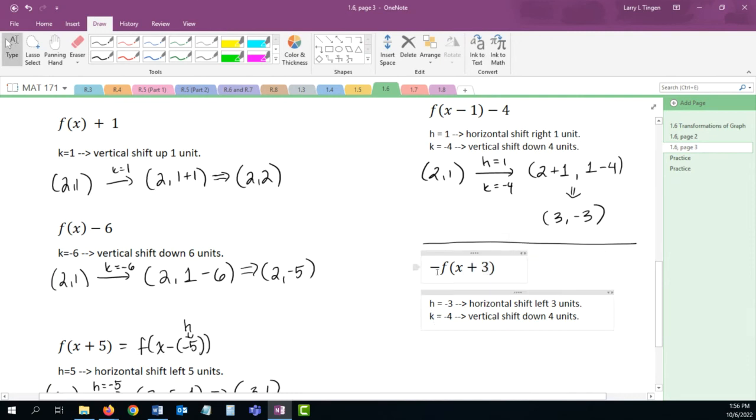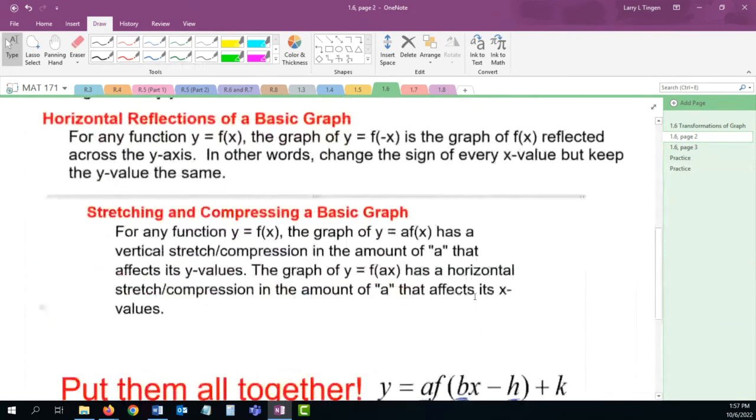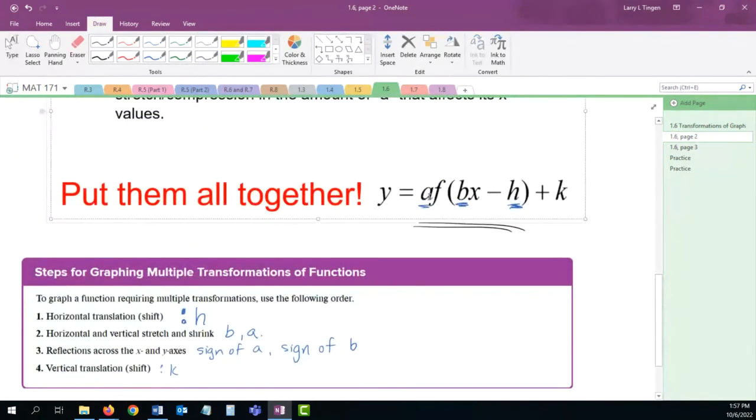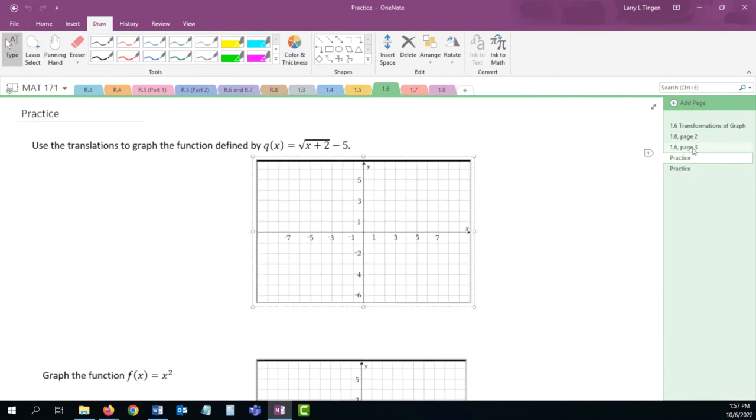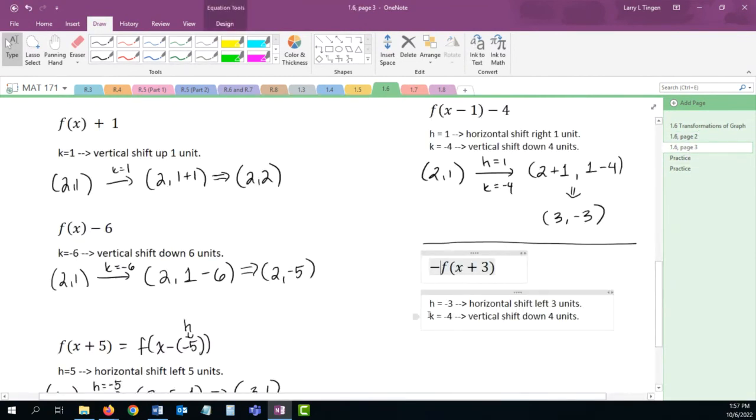And then here's the new thing. I've put a negative on the outside. That negative corresponds to, and I'm going to jump back to that big formula, that negative is A. It's the number that I multiply the outside by. So that means A is -1.